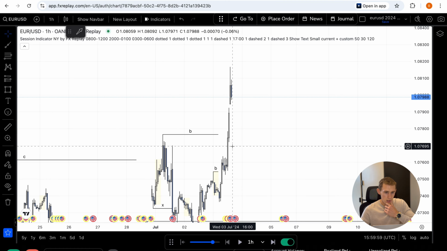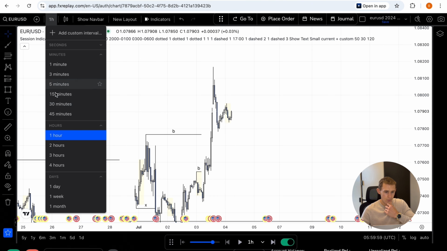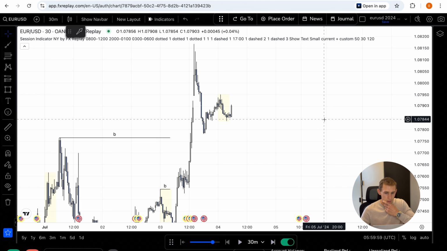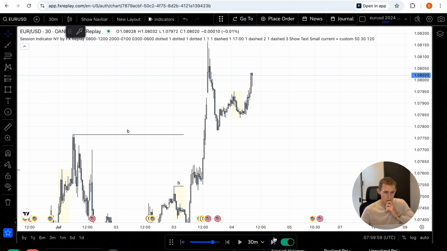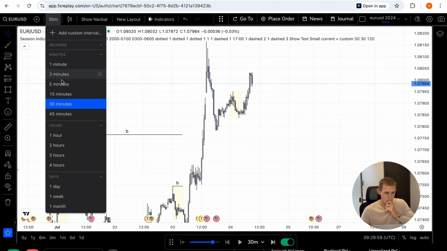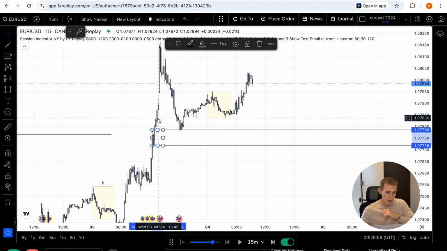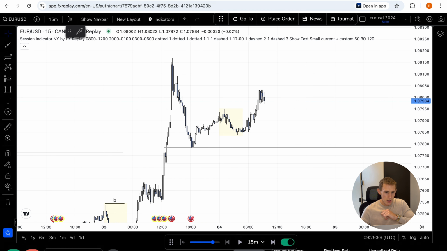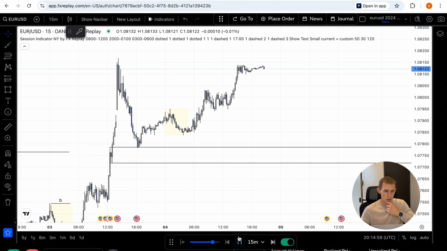Let's go to the following London session. All right, London has opened. It's tapped into this M15 demand, but we haven't seen a change of character, so this is not quite valid. Yeah, there you go.